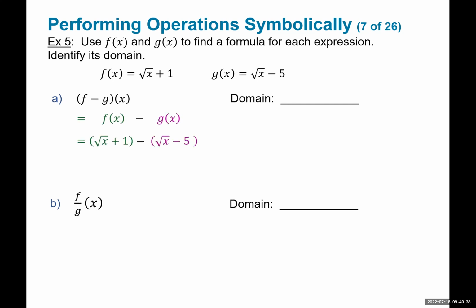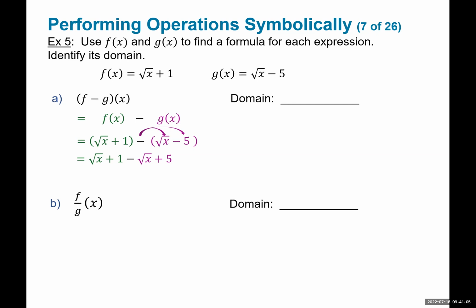So f minus g of x is the same thing as f of x minus g of x. So we take these functions and we subtract them. We'll notice that when you subtract an entire function, you have to distribute that negative. So minus square root of x and minus 5 become minus square root of x plus 5, because a minus a negative makes a positive on that 5.